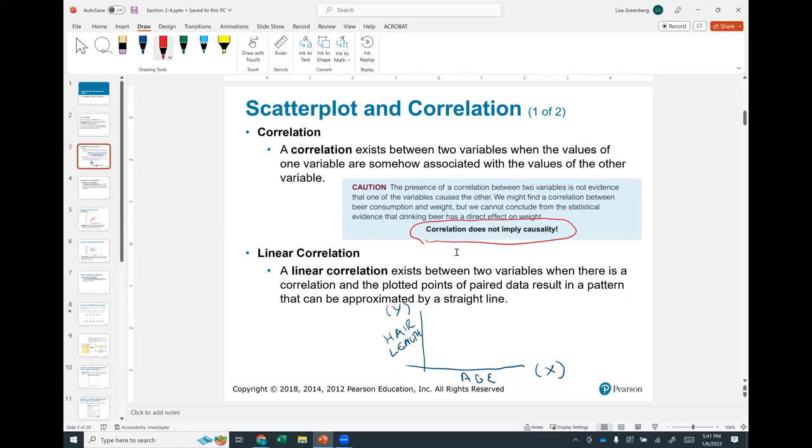You could have started drinking beer and at the same time stopped exercising and maybe started eating badly. So what was it? Was it the beer consumption? Even though your weight went up as you started consuming more and more beer, there are other factors that we haven't taken into consideration. So we can't say that it actually makes something happen, okay?